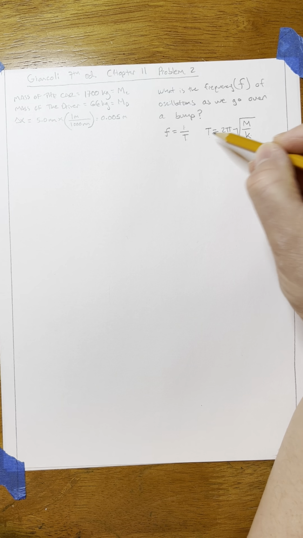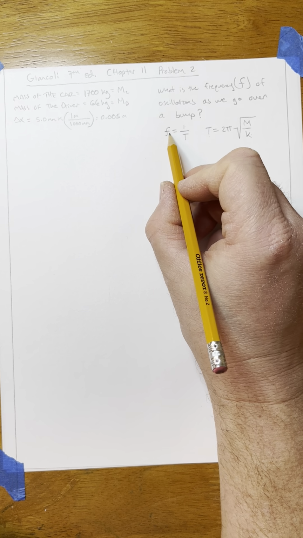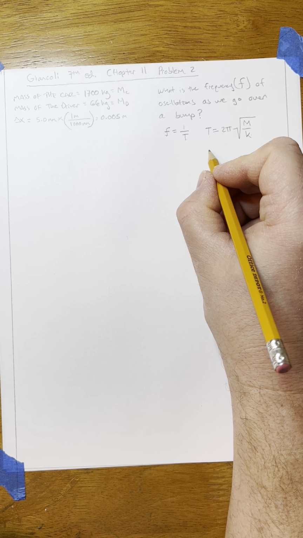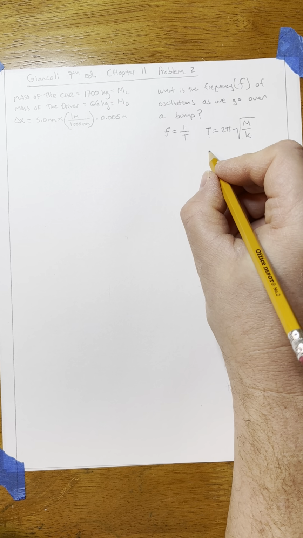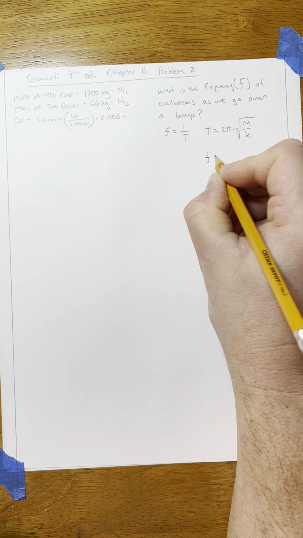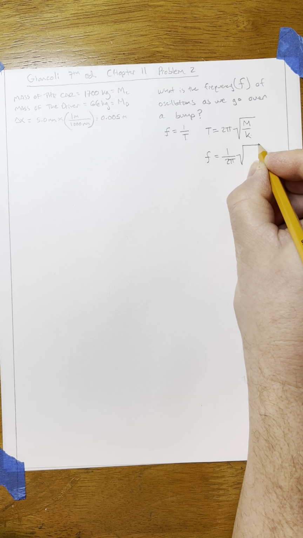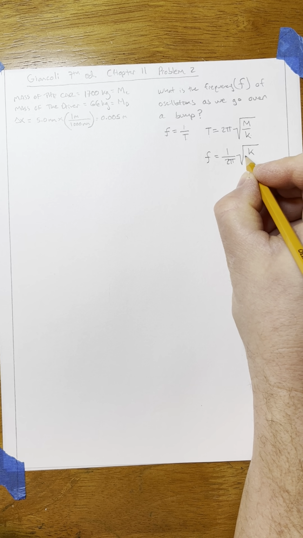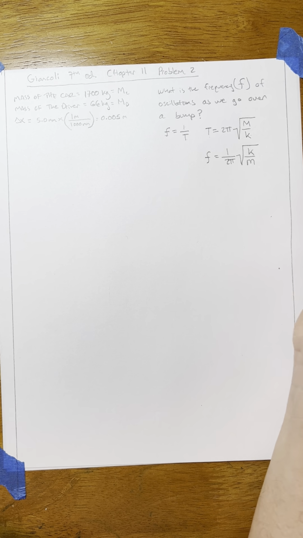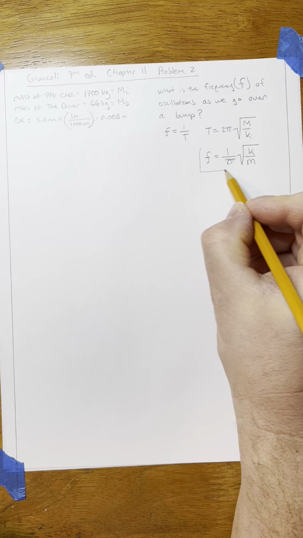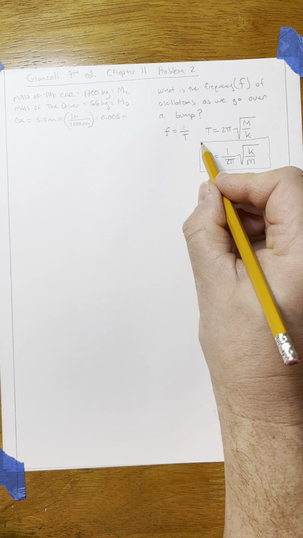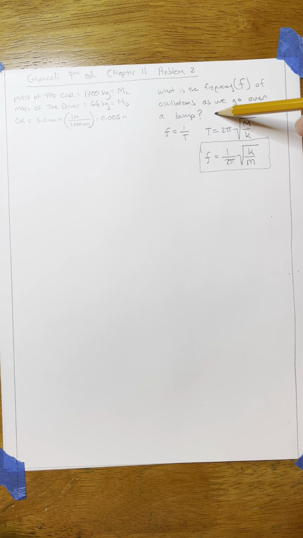The frequency is the inverse of the period. So the frequency would be 1 over 2 pi times the square root of the spring constant k over the total mass attached to the spring. So this is the relationship that we're interested in to answer this question: what will be the frequency of oscillation as this car and driver go over bumps?